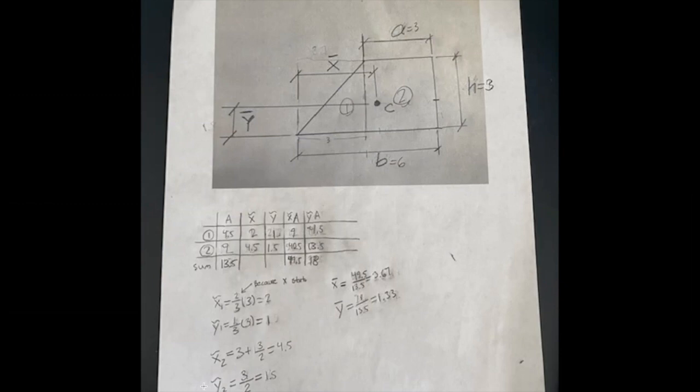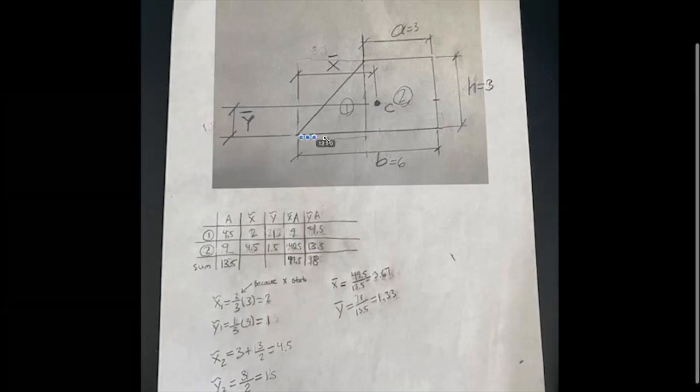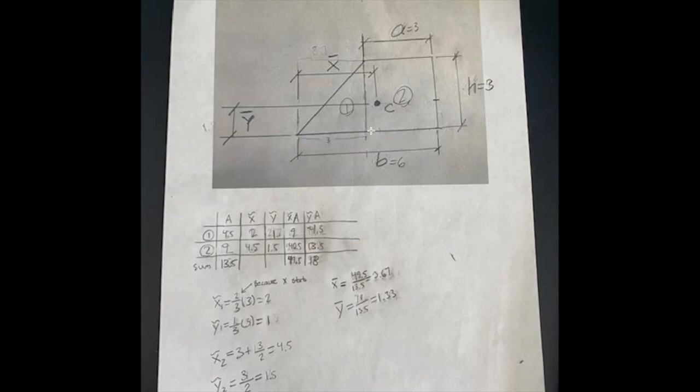And then 3 plus 3/2: this 3, plus this length 3 divided by 2, you get your centroid here. And then for the y, 3 divided by 2 to get our centroid.